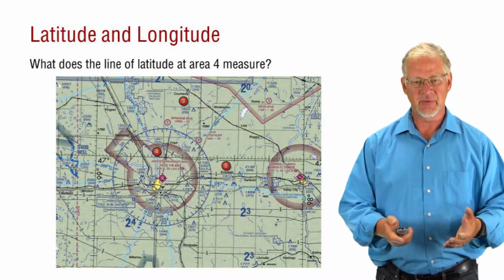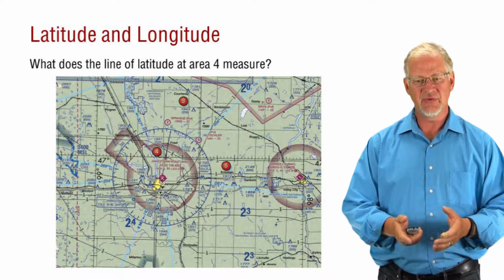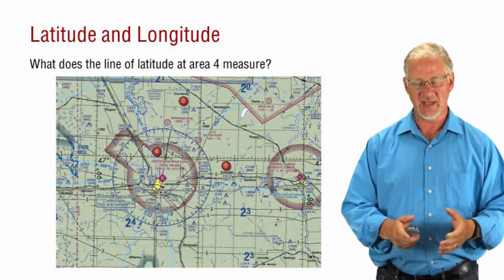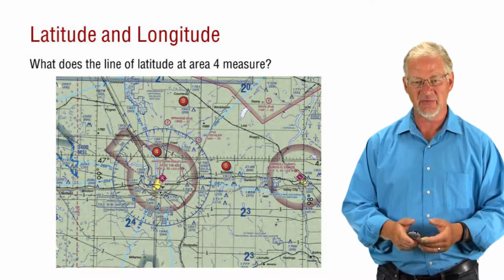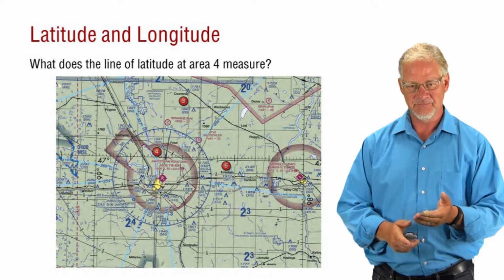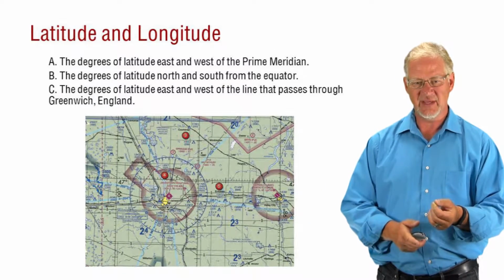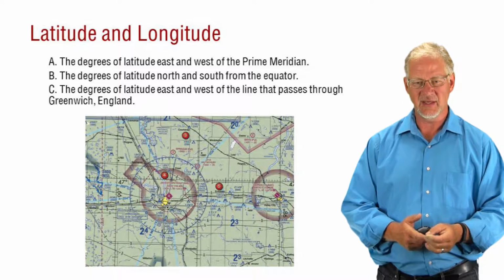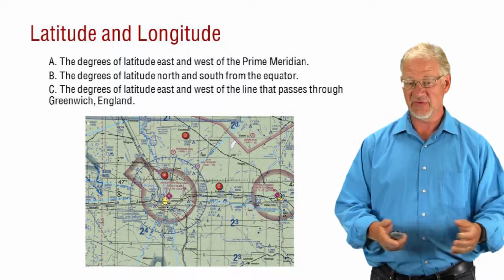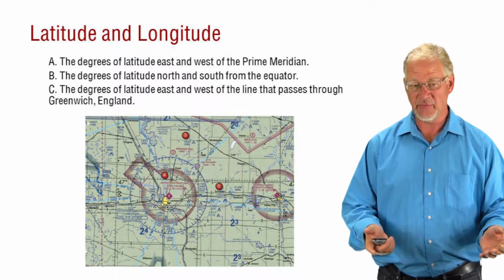So here's an example. What does the line of latitude at area for measure on this sectional chart right here? You've got an airport just to the south. You've got that line that goes from the left side of the screen to the right side of the screen. So think about it for a second here. What does that line of latitude measure? A, is it the degrees of latitude east to west of the prime meridian?